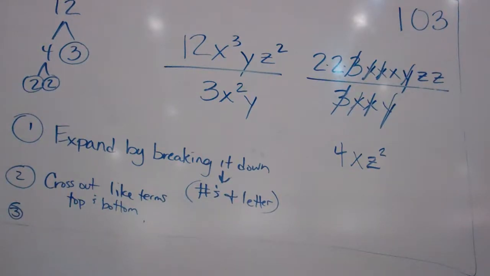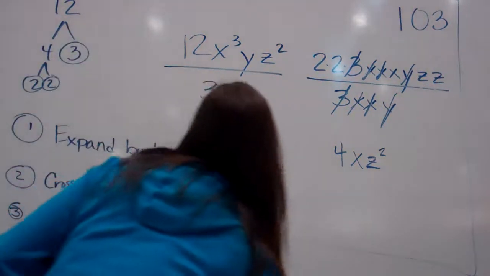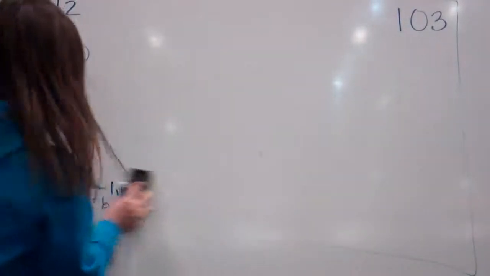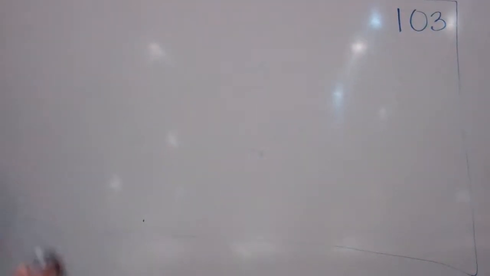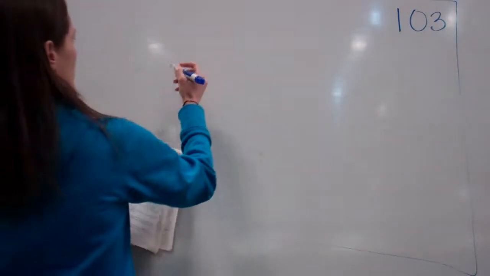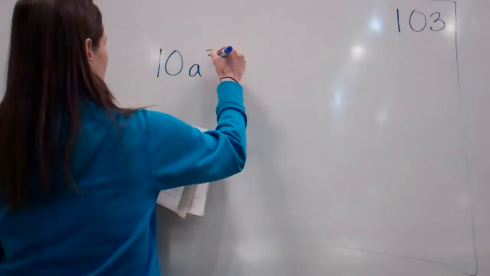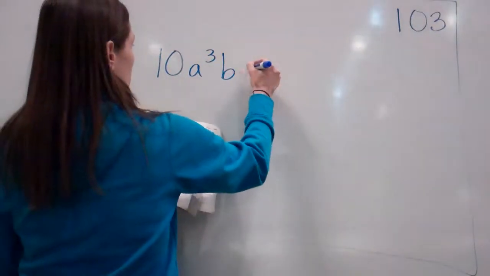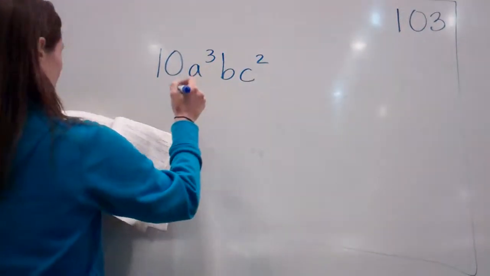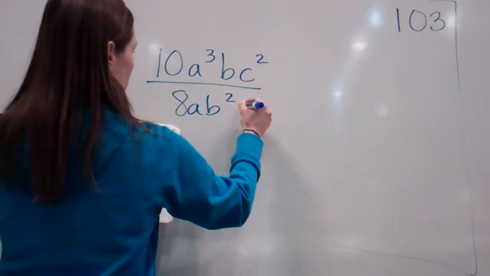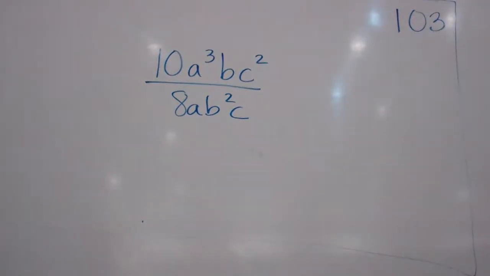All right, one more. Make sure you're getting it. I'll let y'all do this one by yourself, and then I'll go over it. Okay? It doesn't matter if they're using X's and Z's or A's and B's. It doesn't matter, okay? 10A cubed BC squared over 8AB squared C. All right, work it.